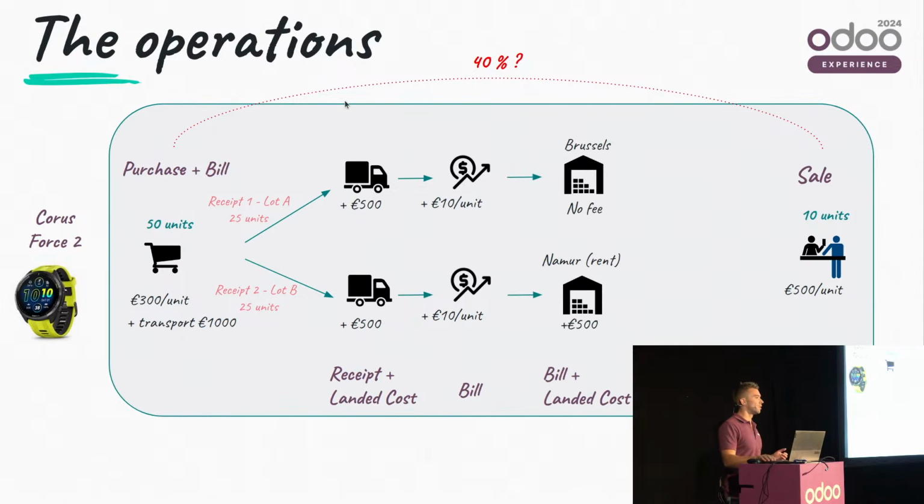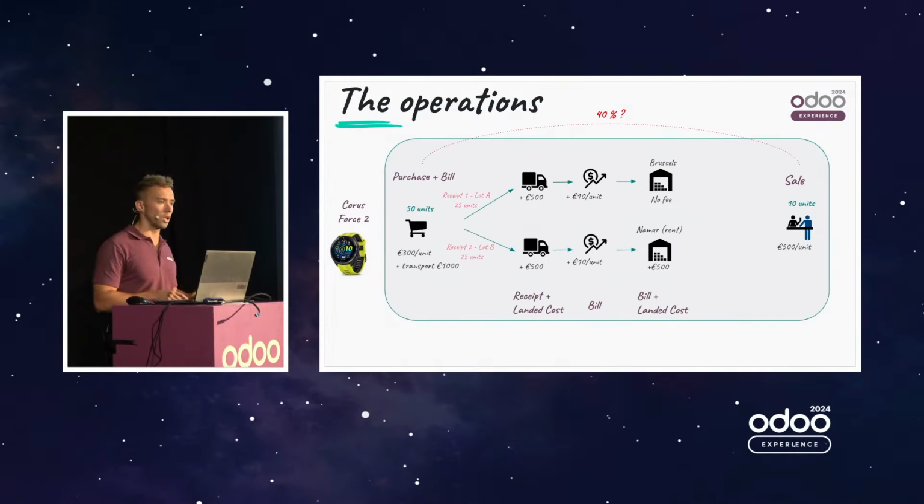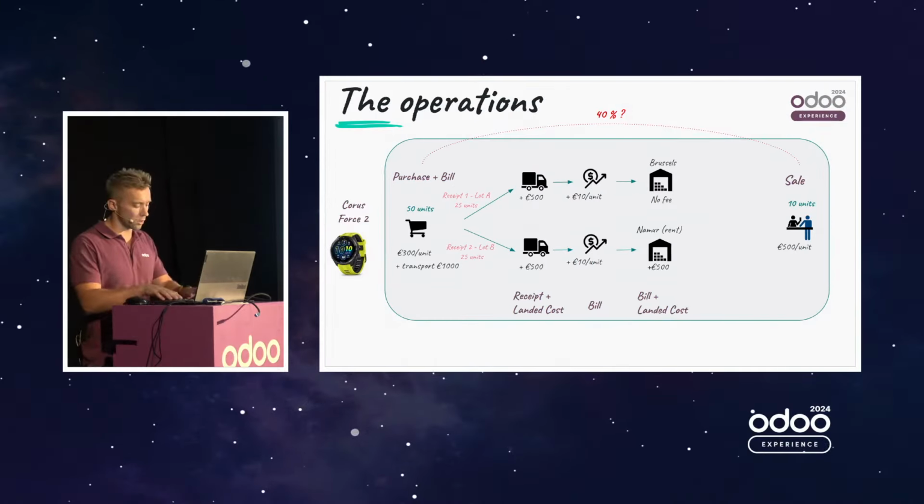And as I told you, the warehouse in Namur is a rented facility. So I also need to impact this fee, not on both of the truck deliveries, but only in Namur. We can do that, of course.